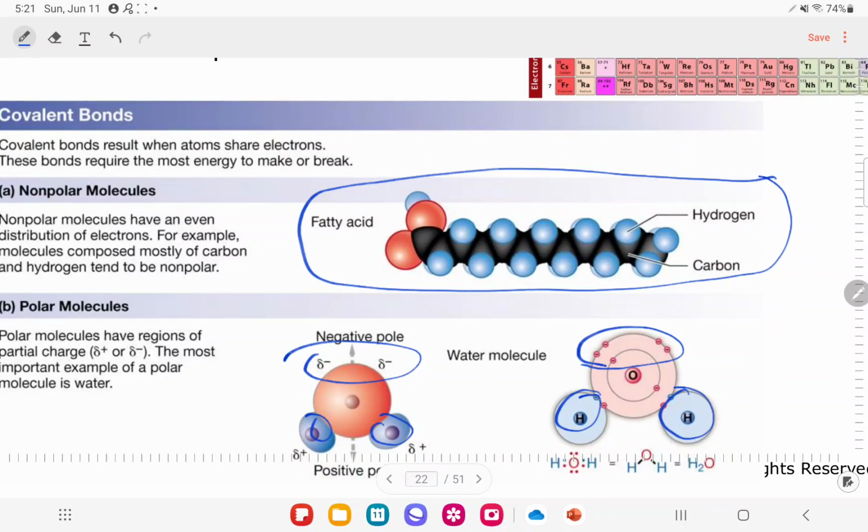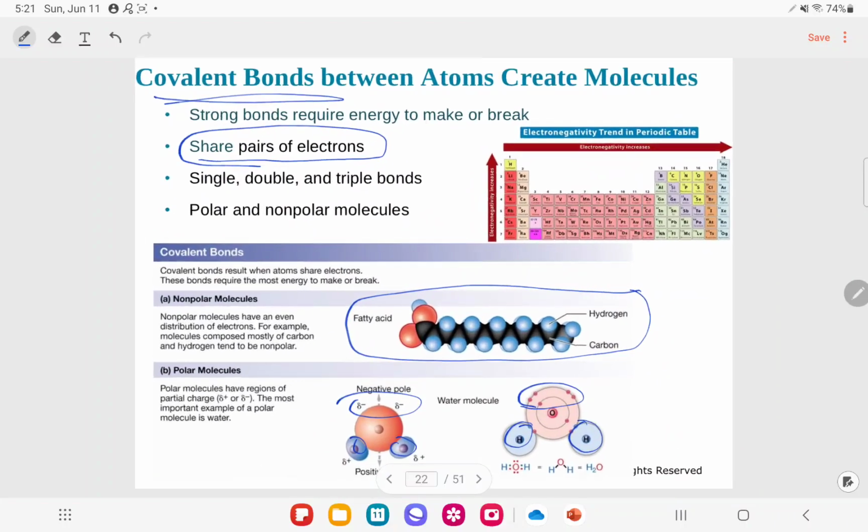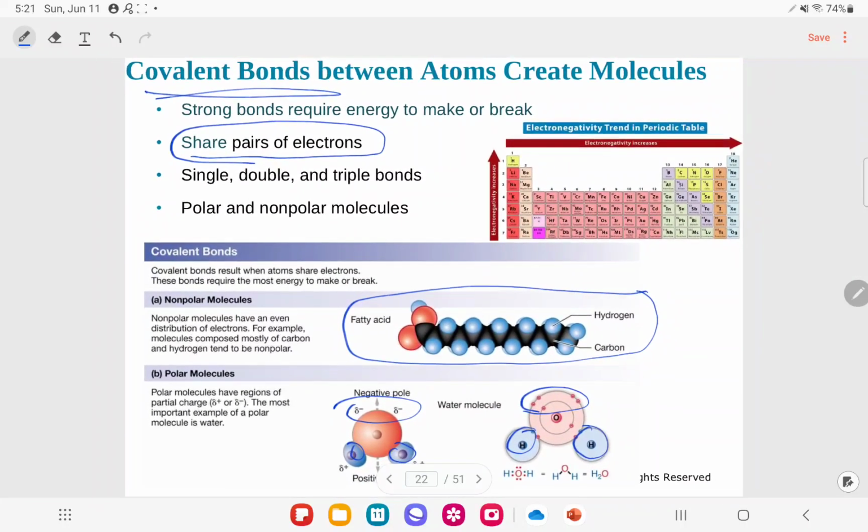So you have an unequal distribution of electrons, or of that electrical charge, and that's what makes it polar. So nonpolar, you have an even distribution of electrons. Polar, you have an uneven distribution of electrons in this molecule, and as a result, you have a partial positive charge and a partial negative charge.